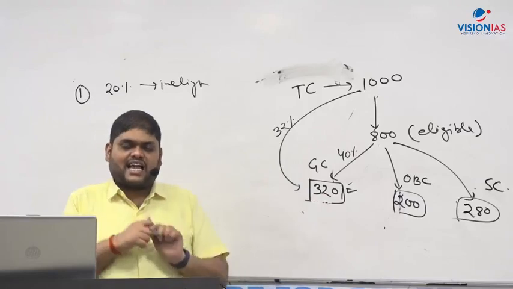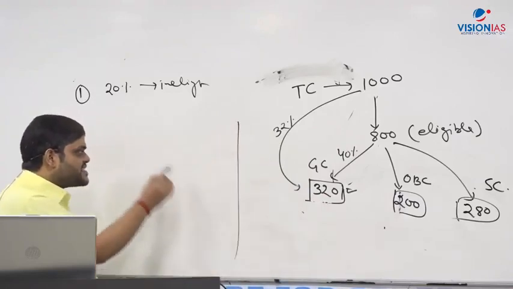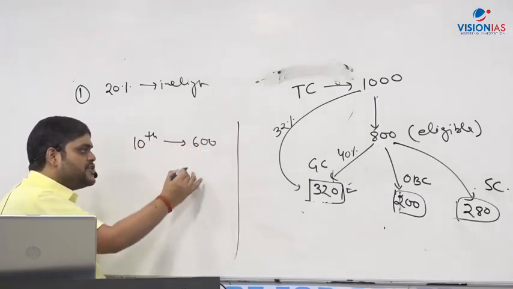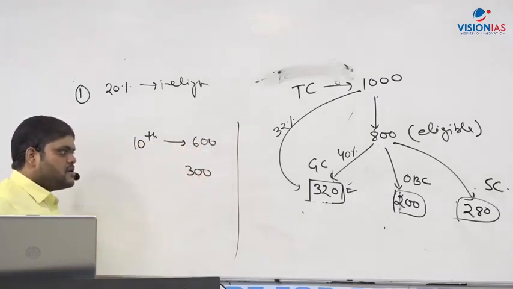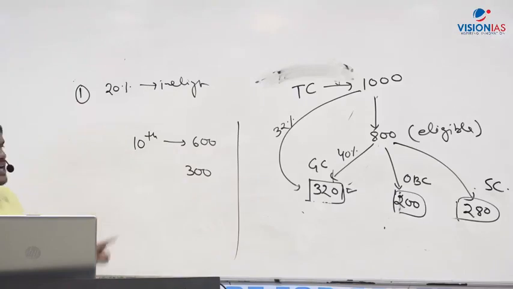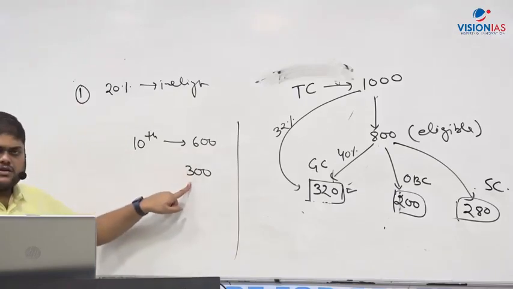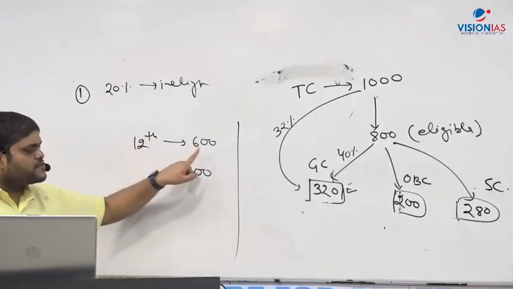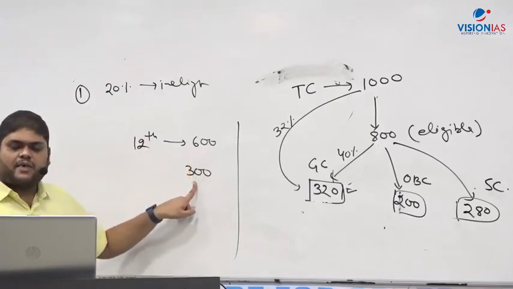This is something like, suppose in class 10th, out of 600, you got 300 marks. Or suppose class 12th, out of 600, you got 300 marks.